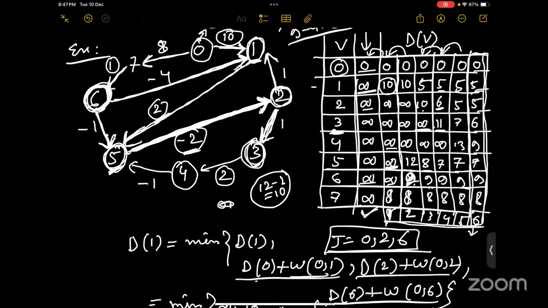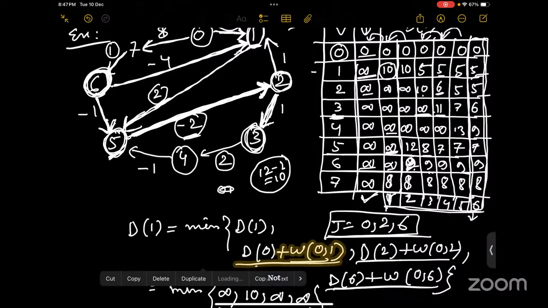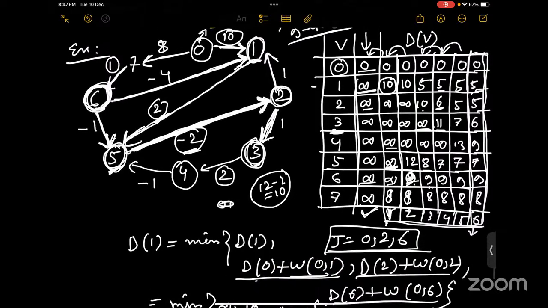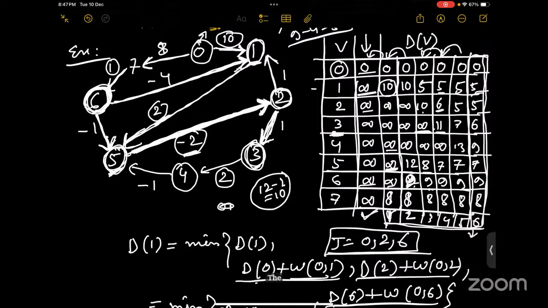Ma'am, I got 4 will be 8. 4 is 8? 4 as 8 means? The distance of 4 is 8, not 9. I got it will be 8 in the next step. The distance of 4 will be 8.